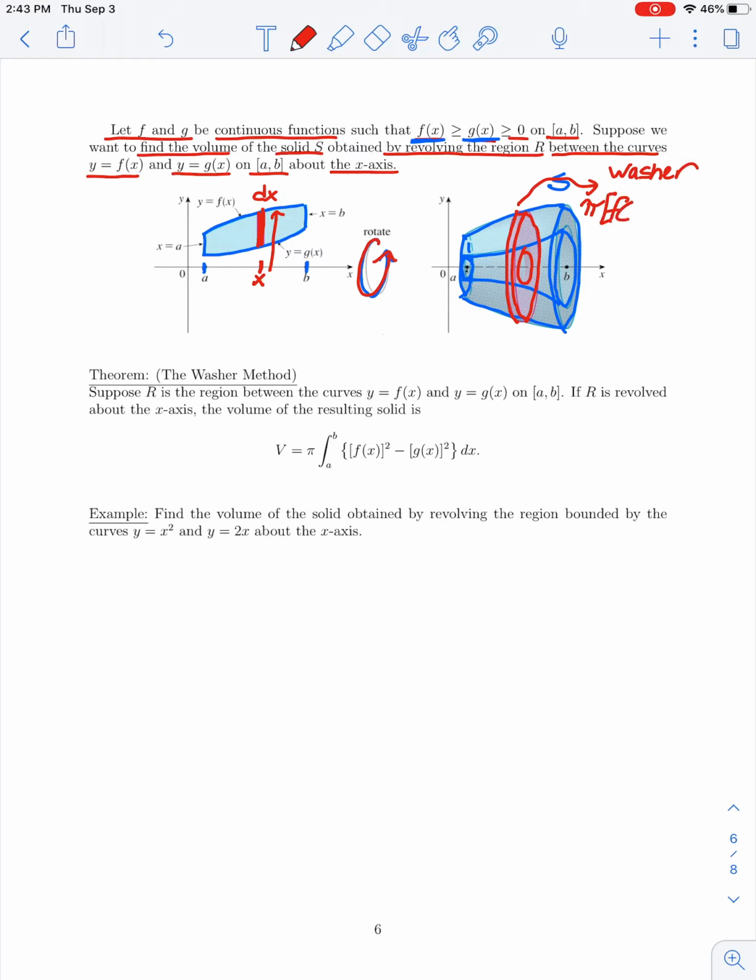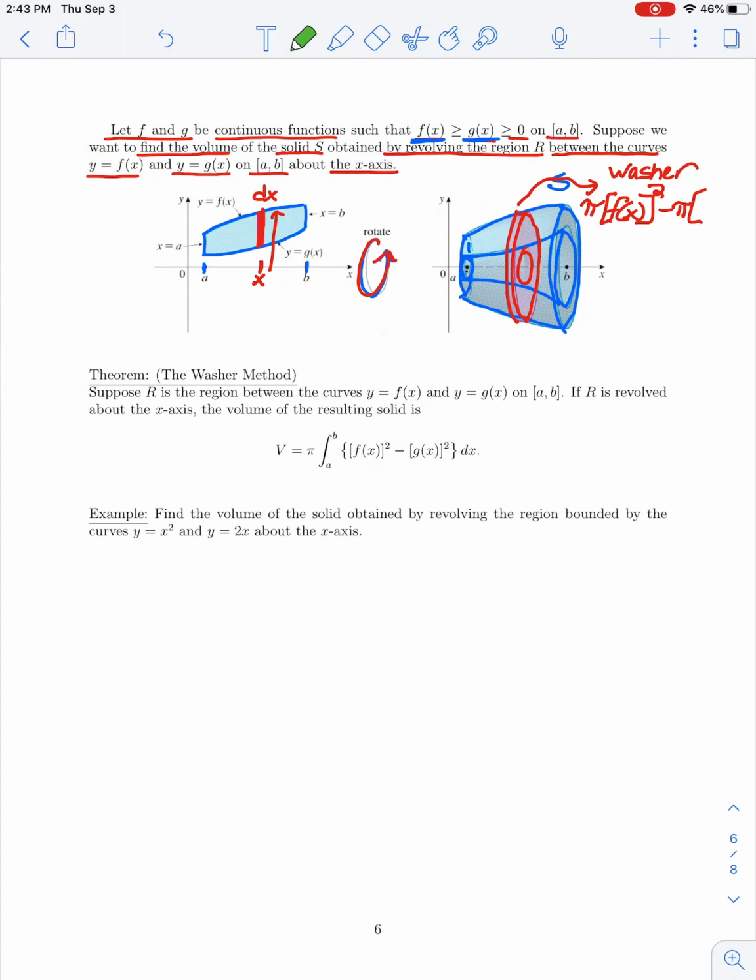So we take pi times f of x squared, and then we subtract the area of the inner circle, the part of our washer which is hollow, given by pi times the inner radius squared.